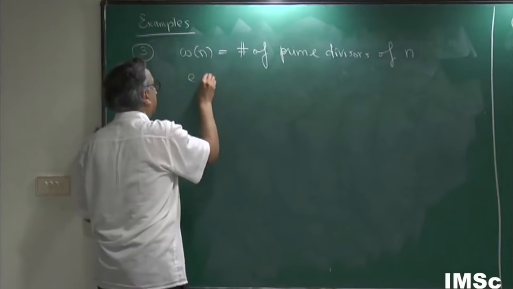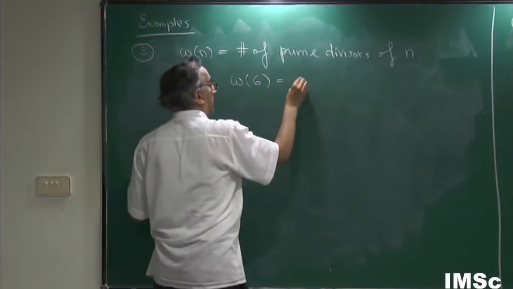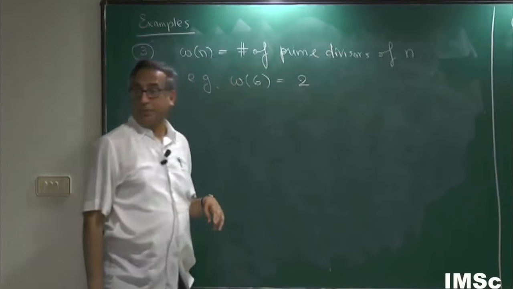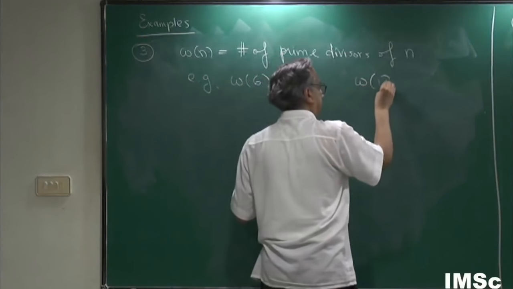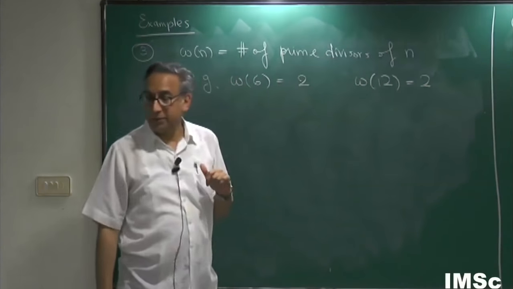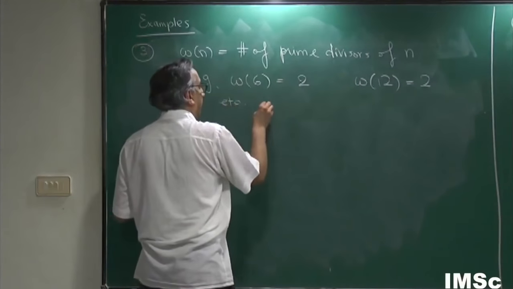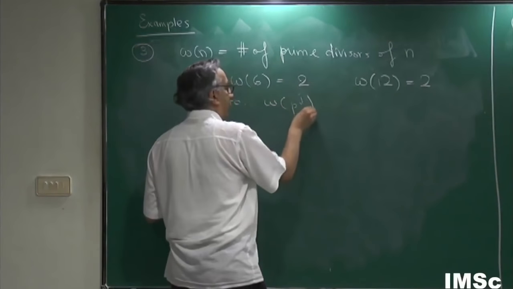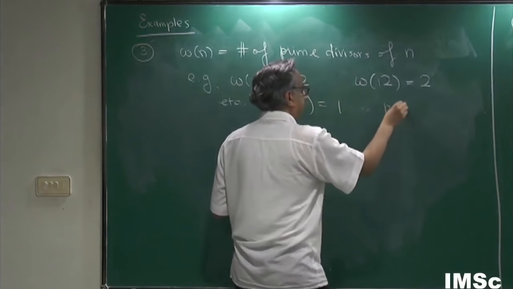So for example, omega of 6 is 2 because it's divisible by 2 primes. Omega of 12 is also 2 because it's only divisible by 2 primes, etc., etc. Omega of any prime power is just 1, p prime.